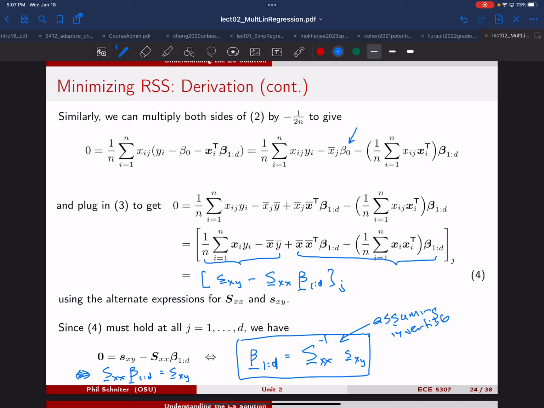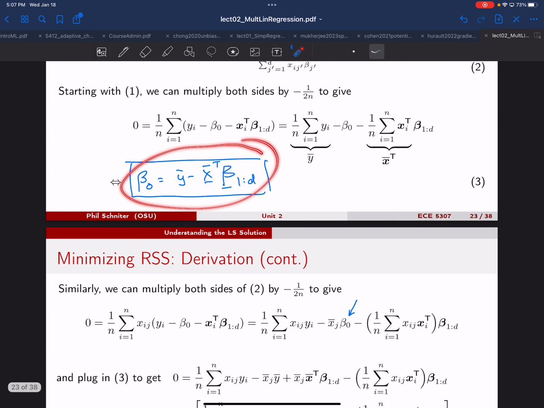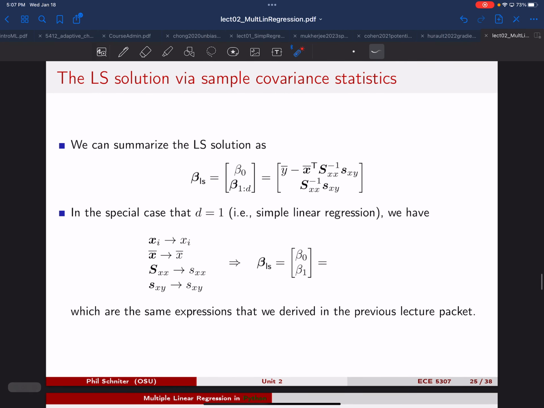We just need to put our results together. We have this expression for beta 1 through d, and then we have a previous expression for beta 0. So altogether, we can write the least squares solution, beta ls, as this vector whose first element is beta 0 and whose remaining elements are beta 1 through d.